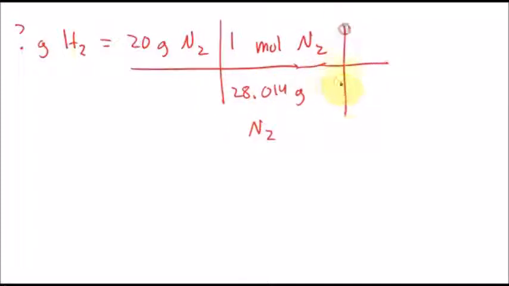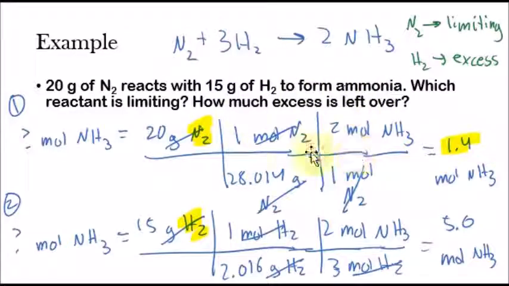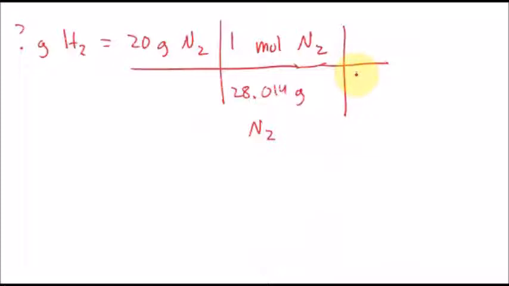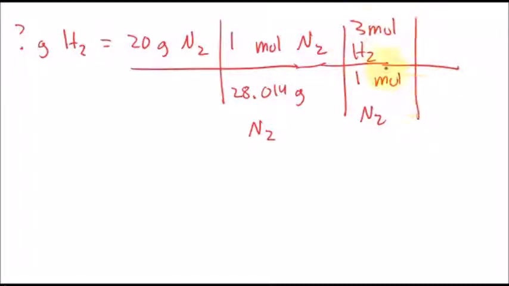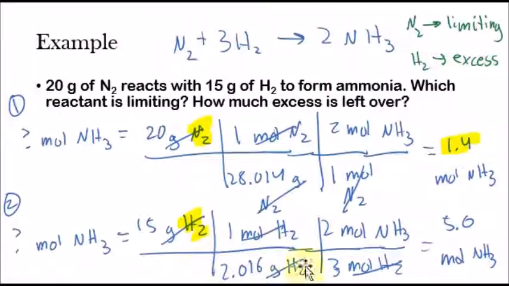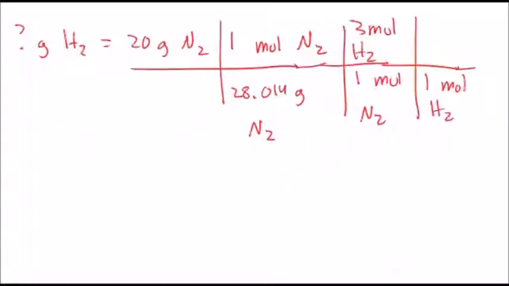And then the reaction tells us that for every 1 mole of N2 that is consumed, 3 moles of H2 is consumed, the mole ratio. And then finally we can convert moles of H2 to grams of H2. So 1 mole of H2, we determined this here, will have a mass of 2.016 grams.